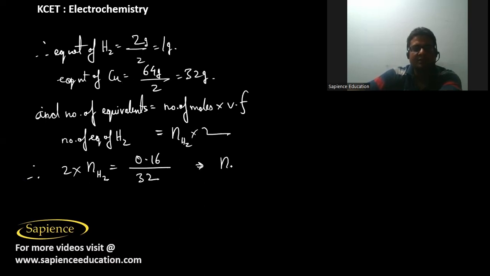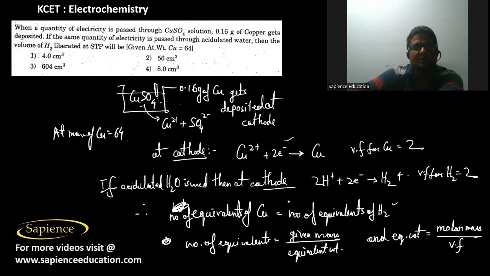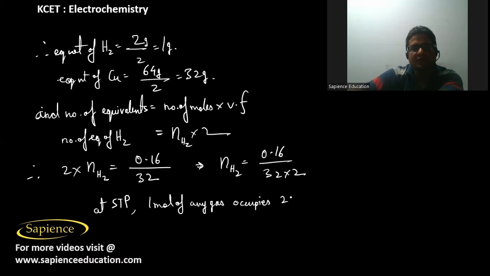So now, therefore, the number of moles of hydrogen that is formed will be equal to 0.16 by 32 into 2. Now, as we know, at STP 1 mole of any gas occupies 22,400 centimeter cube.